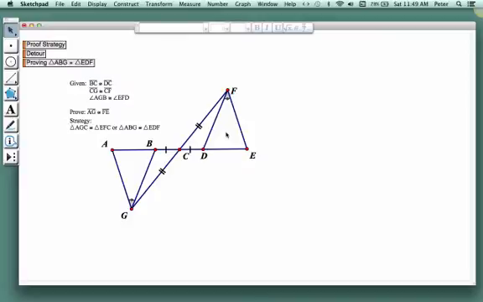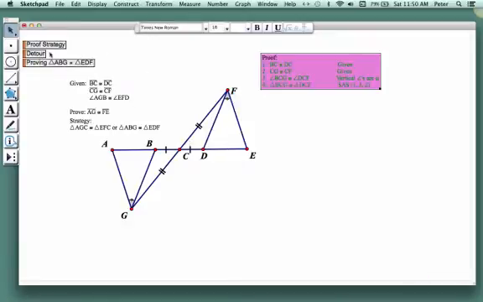Well, knowing what we're given here, we can easily pick up the angles at C for vertical angles and prove that triangle BGC is congruent to triangle DFC. And so that's going to be our first detour.